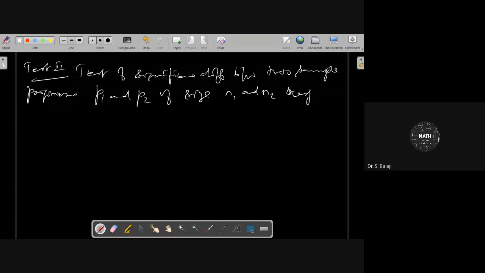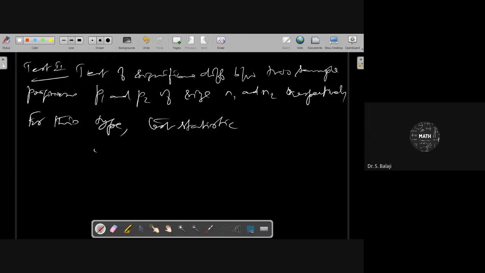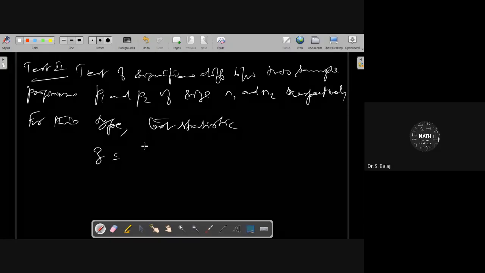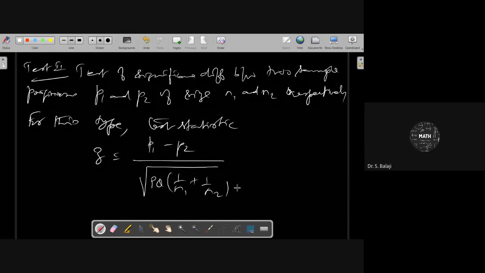What about the test statistic for this? Obviously, by the previous derivation, you can use the same derivation here. You get Z equal to p1 minus p2 over the square root of pq times 1 by n1 plus 1 by n2.